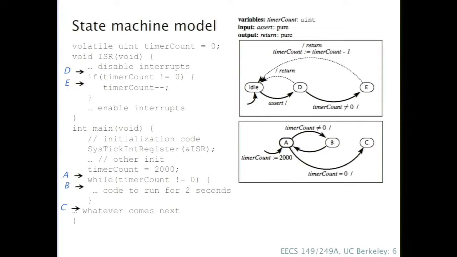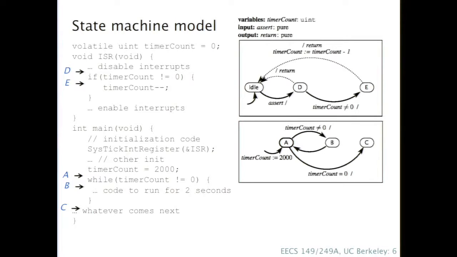There's an art to constructing these models, although you can also mechanize the construction, but the result of a mechanized analysis of this program will be a much bigger state machine, and it's not one we're going to want to look at manually because it'll overwhelm you. It's one you're going to want to look at automatically. But when you're constructing these things manually, you choose some abstractions. So here's one possible choice.